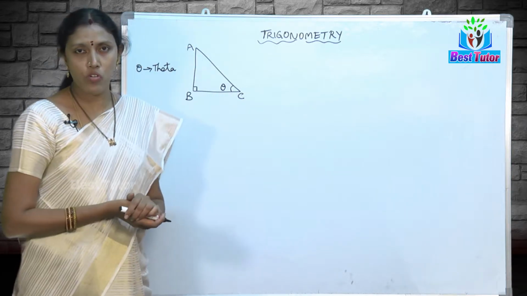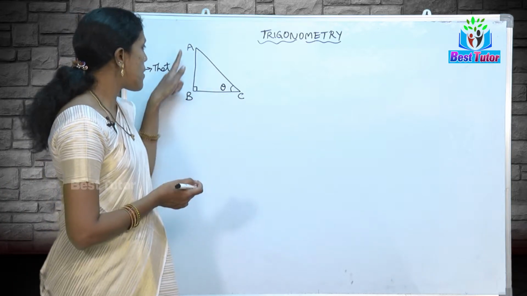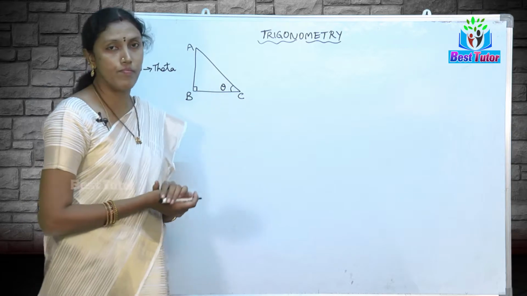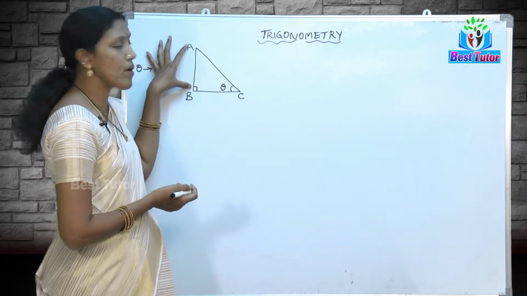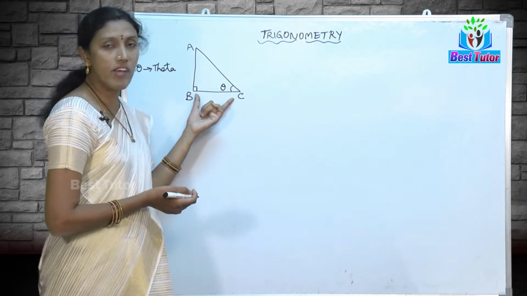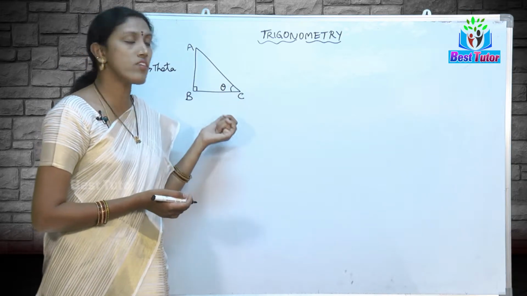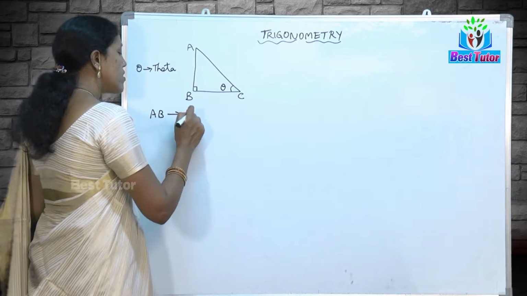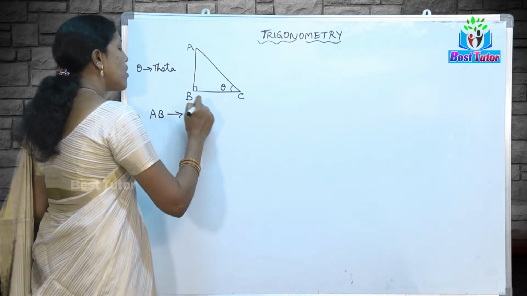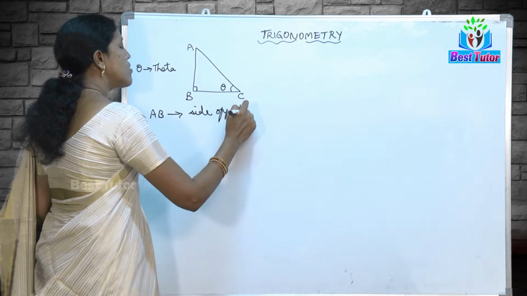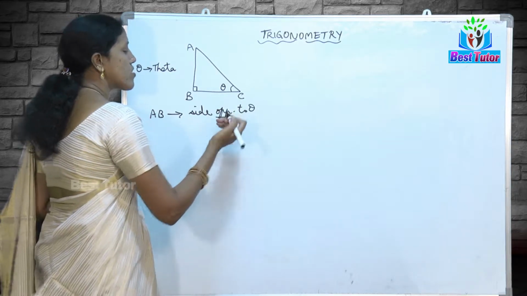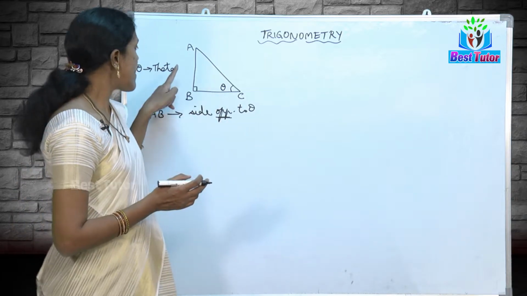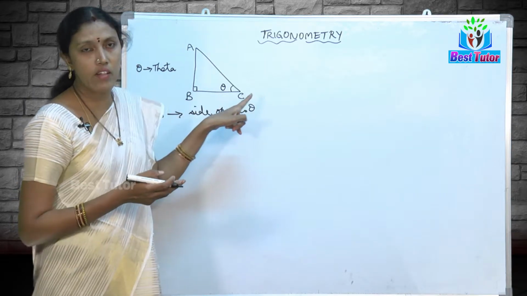AC is the hypotenuse, right? The side AB is going to be the side opposite to angle C or angle theta. Theta has AB opposite to it, and the side BC is going to be the side adjacent to theta. The word opposite is a comparative word. It needs a reference. This side is opposite to what? To this angle theta.